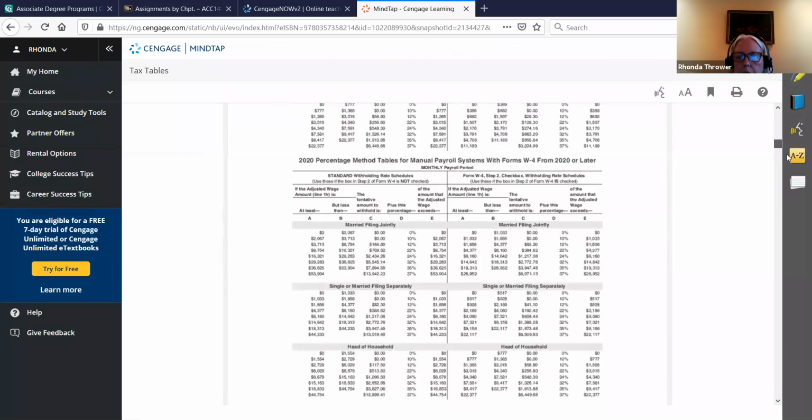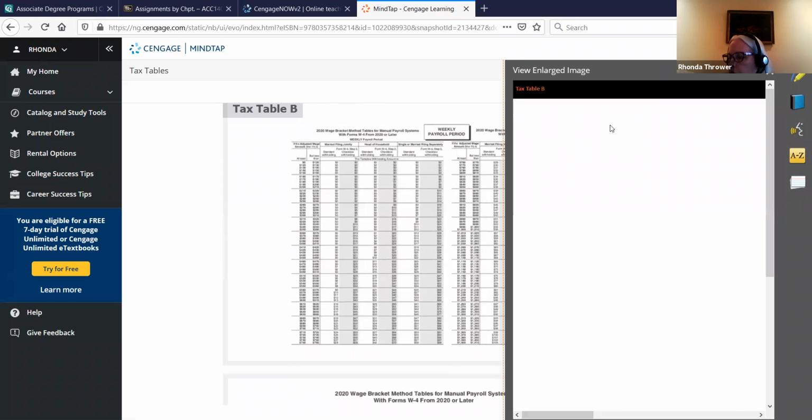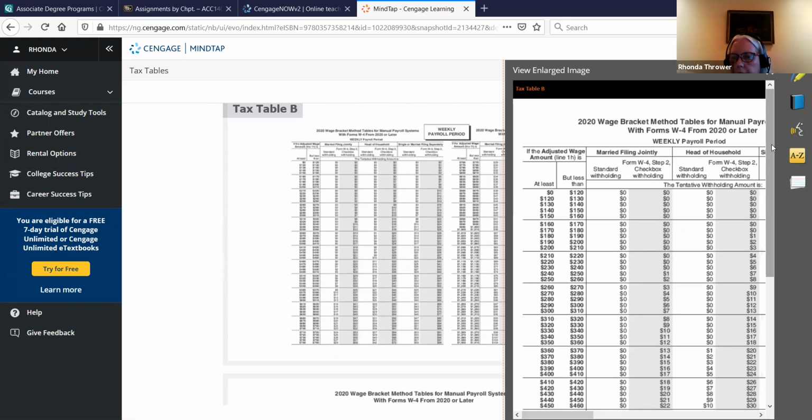You're going to find the wage bracket tables, which is table B. I'm going to enlarge those because this person was paid weekly. Make sure you pick up weekly. He was paid an amount of $1,910.